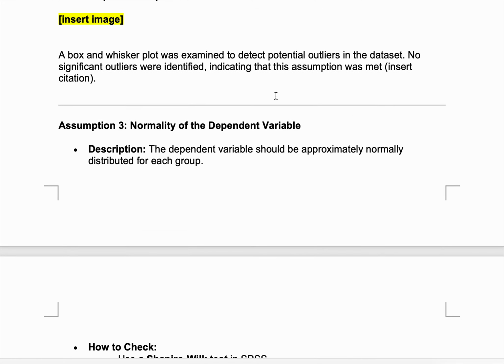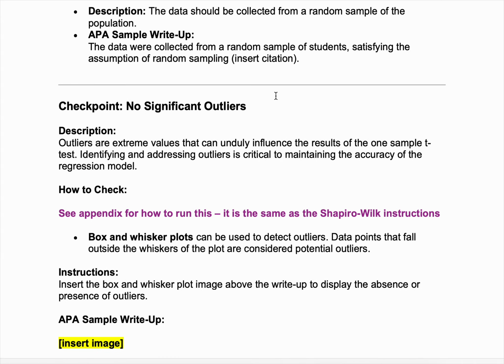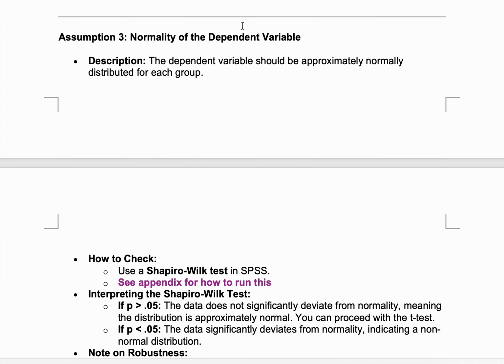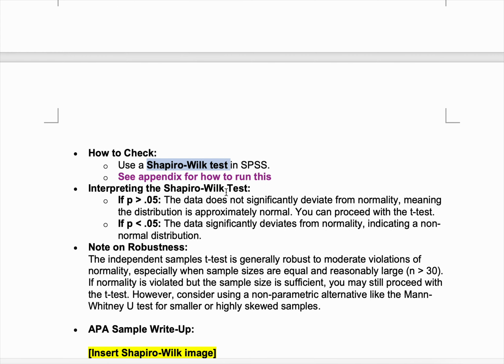All right, then you're going to move on to the next assumption, which is going to be the normality of the dependent variable. To check that, you're going to run a Shapiro-Wilk test in SPSS. Again, the steps to doing this are in that appendix.